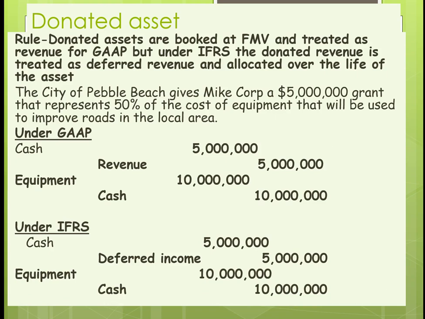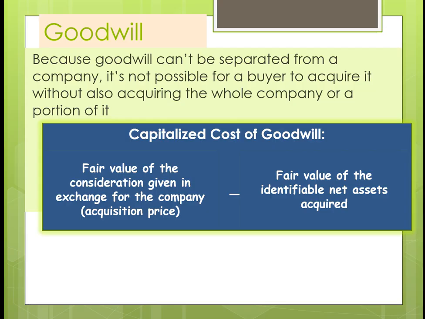Now, the next thing we're going to talk about is goodwill. We cover this a lot in advanced accounting. Because goodwill can't be separated from a company, it's not possible for a buyer to acquire it without acquiring the whole company or a portion of it.